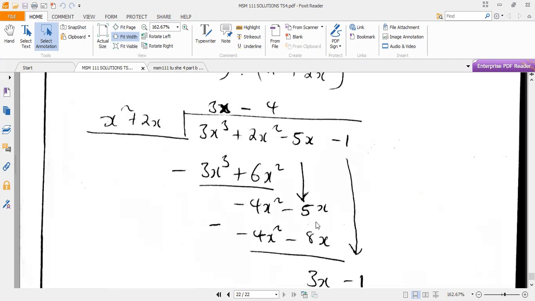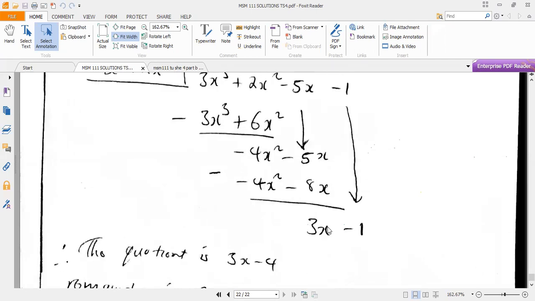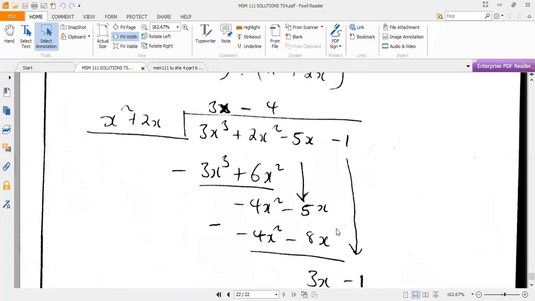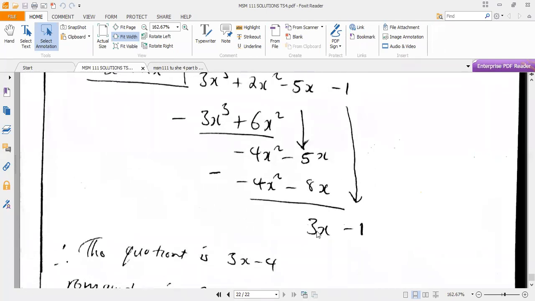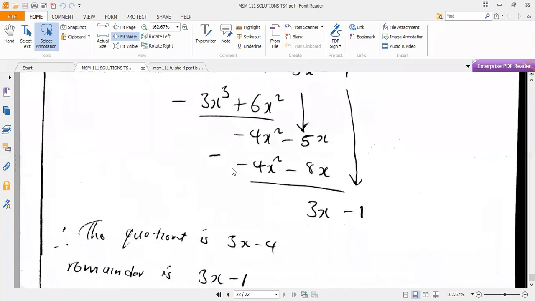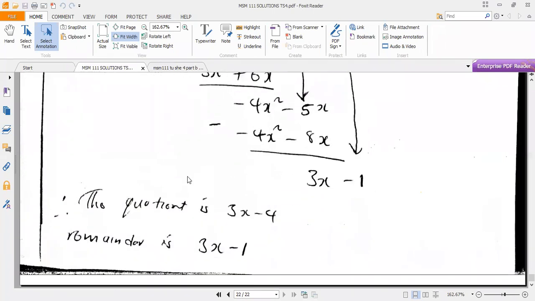When the power is reduced such that this guy is smaller than the one we're dividing with, we don't proceed. That guy becomes our remainder. We end there. We don't divide further. So we take the quotient, 3x minus 4, and the remainder is 3x minus 1. Then you're done. You even get your full marks.